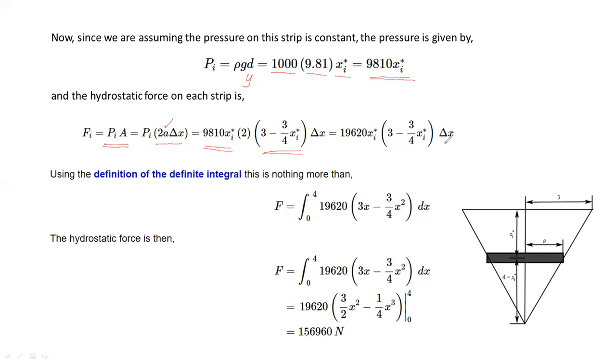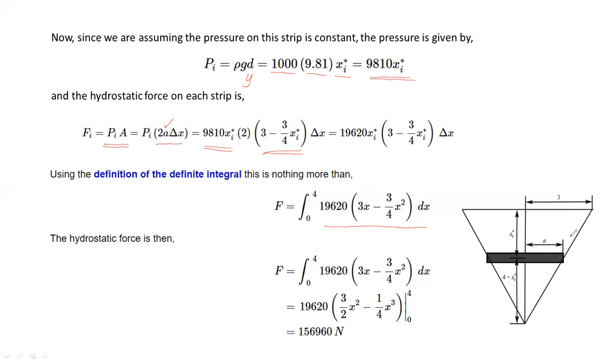This is your hydrostatic force. So copying all of this and changing the x sub i to x and the delta x to dx, this would be your expression for the hydrostatic force exerted on any of the chosen horizontal strips on this triangular plate that was submerged.